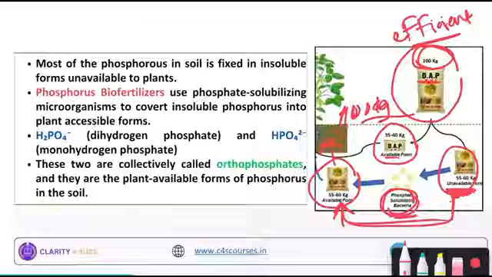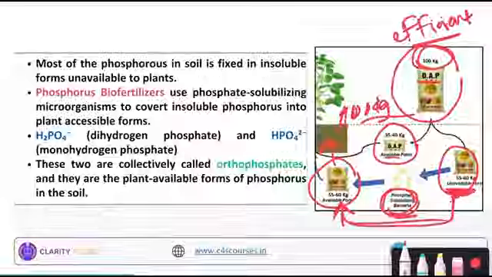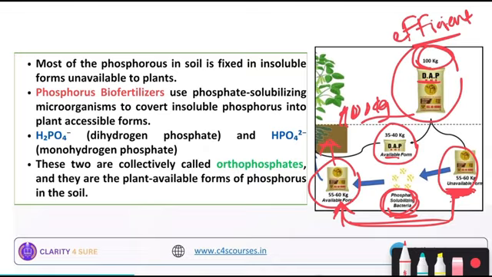As I said, phosphorus is abundant in the soil, but it is not visible to the roots to take up. The phosphorus in the soil is fixed, making it insoluble and unavailable to the plants.